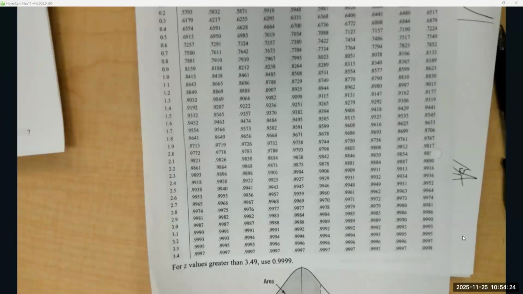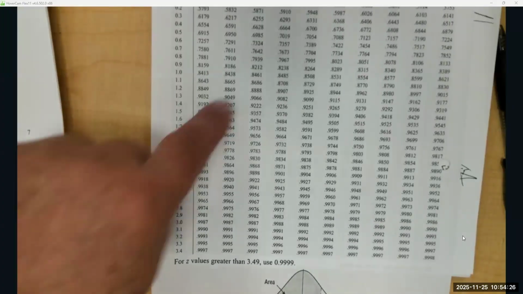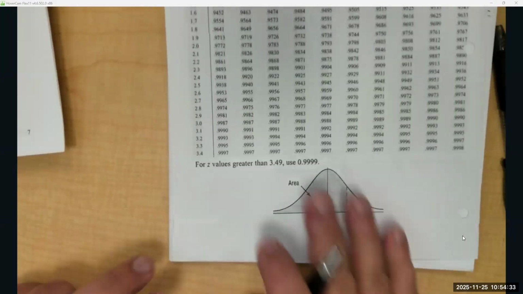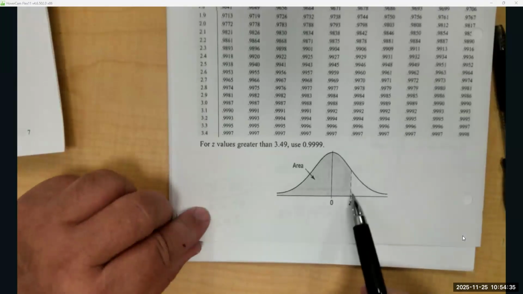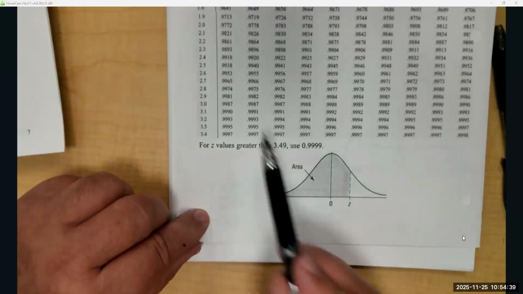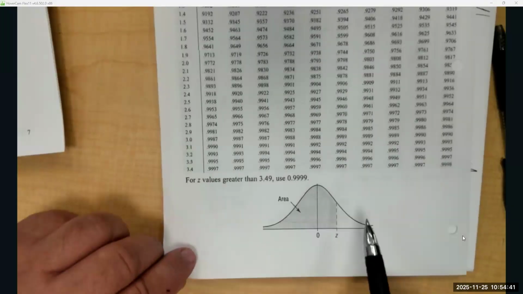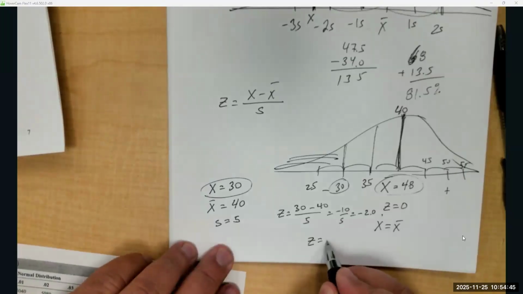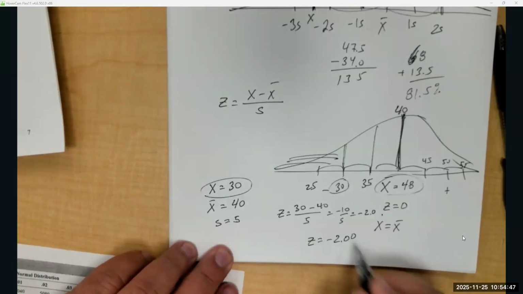That's where this chart comes in, which I gave you in the very back of your packet. These show us the percentages of the area to the right or to the left of a value. Your z values will always be in 2 decimal places.